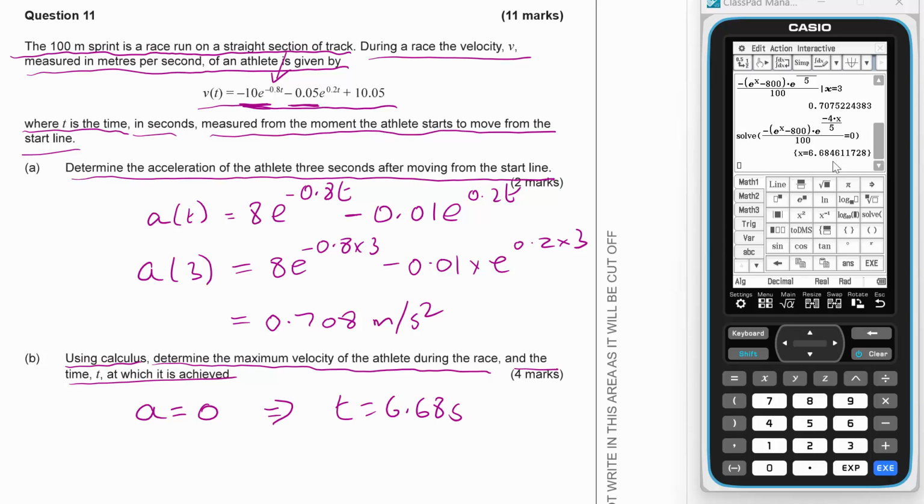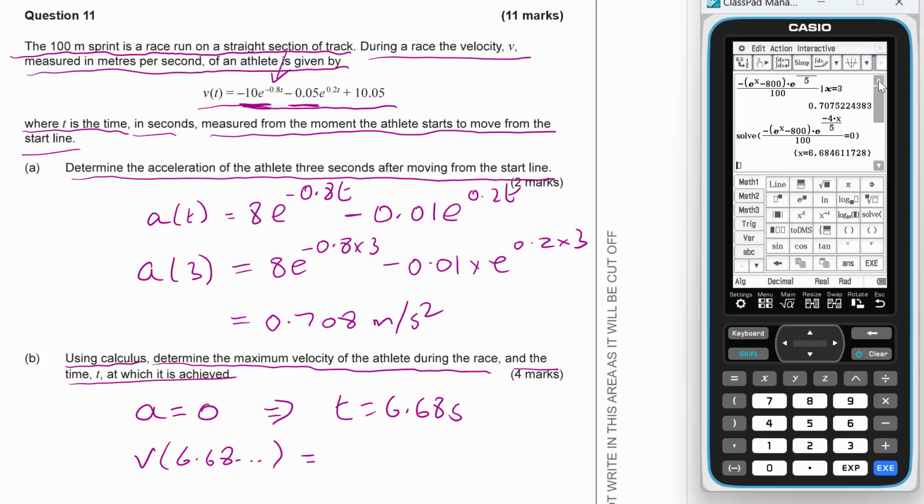Now we need to show that that is a maximum, and we actually need to find the maximum velocity. So for the maximum velocity, we want v of 6.68, and we'll use a bit more of the number.